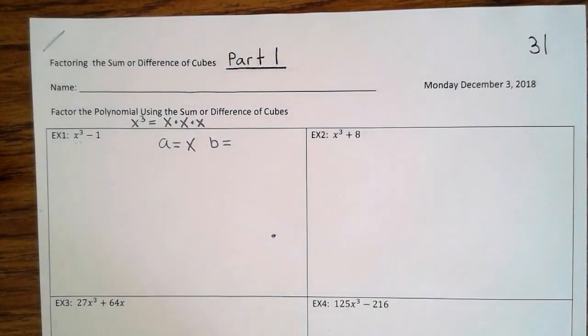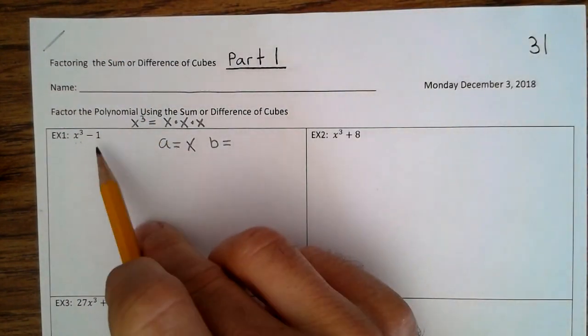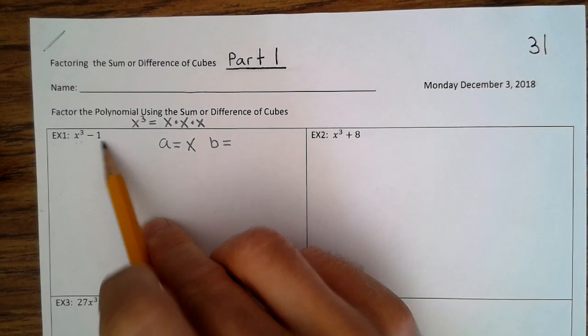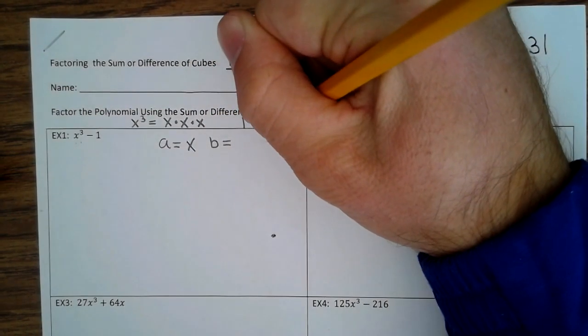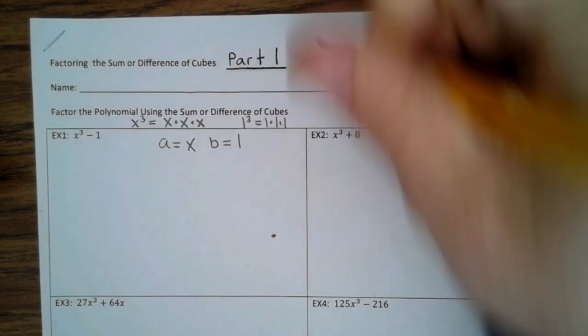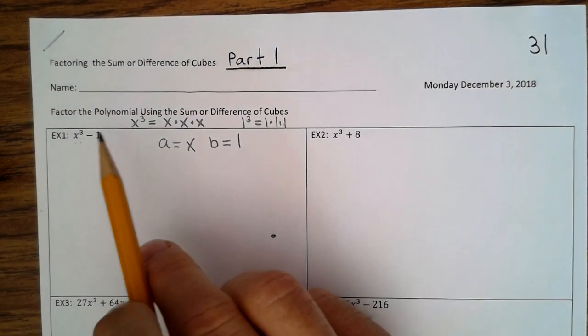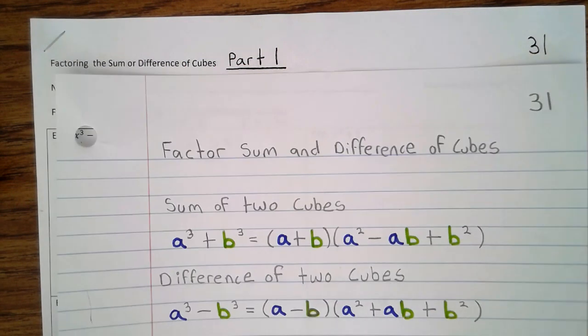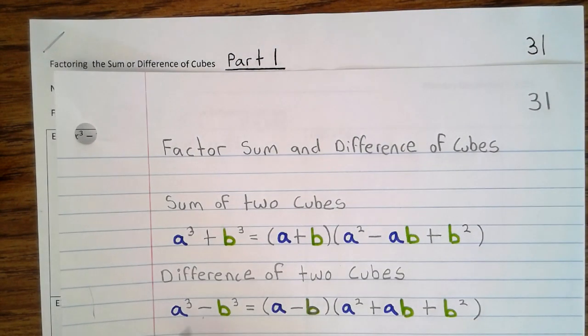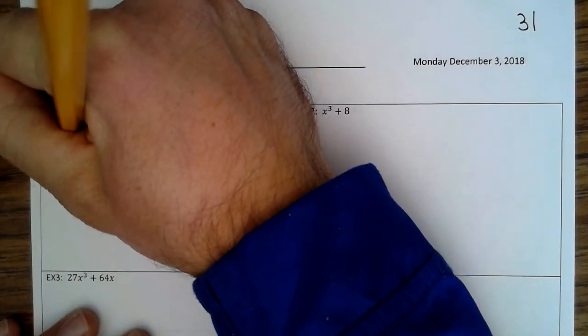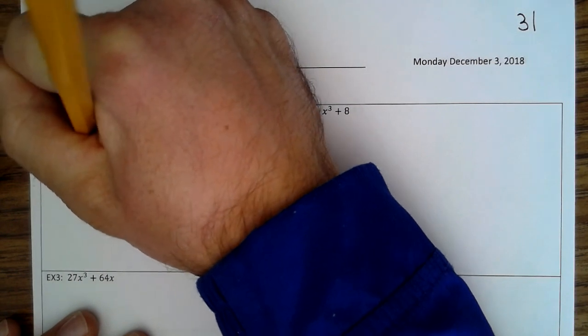And then for b, you ask yourself, what cubed gives you 1? Well, 1 cubed equals 1 times 1 times 1, so b is 1. This is a difference, so we use this form right here. So we're going to write that down: a cubed minus b cubed.